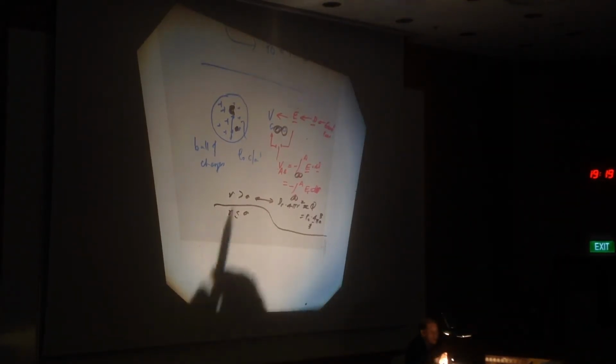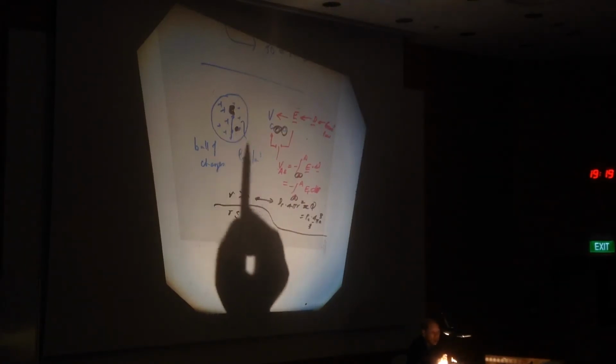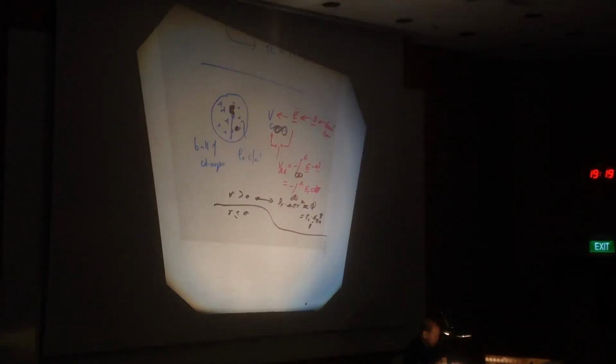I will finish it. To reach the point C inside there, I have to go R less than A. So for R less than A, I have to find the field there using Gauss's law, which you already know. Don't forget, I have to draw my Gaussian surface now among the charges, inside the charges. So I draw it in red, just to show you.